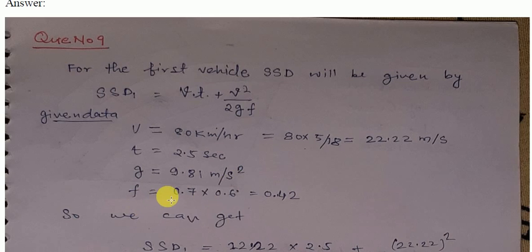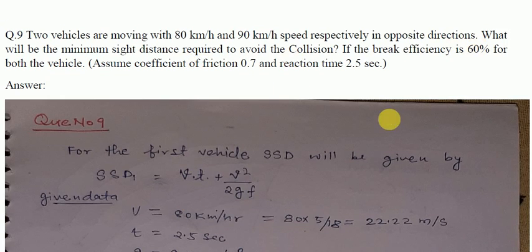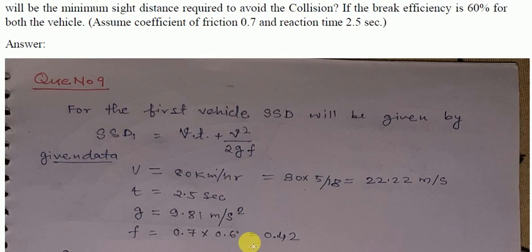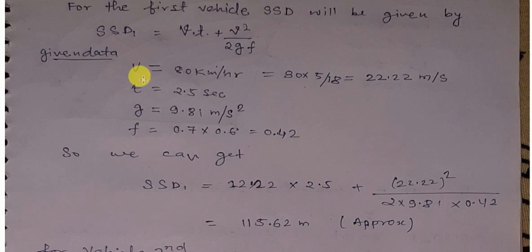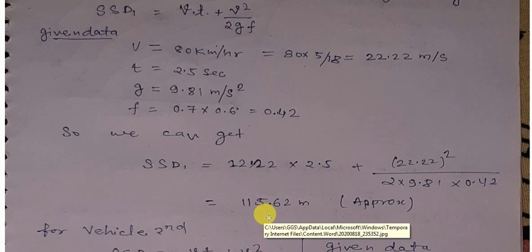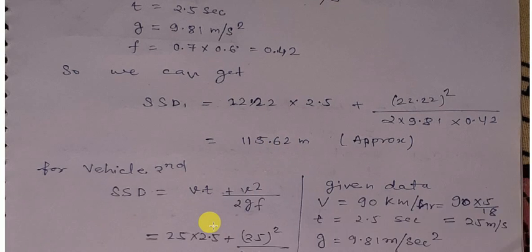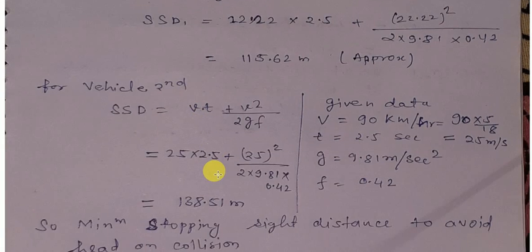Coefficient of friction is 0.7 and braking efficiency is given as 60%, so we will multiply by 0.6. So f will come as 0.42. We can put these values in the above formula and get SSD1 is equal to 115.62 meter approx.